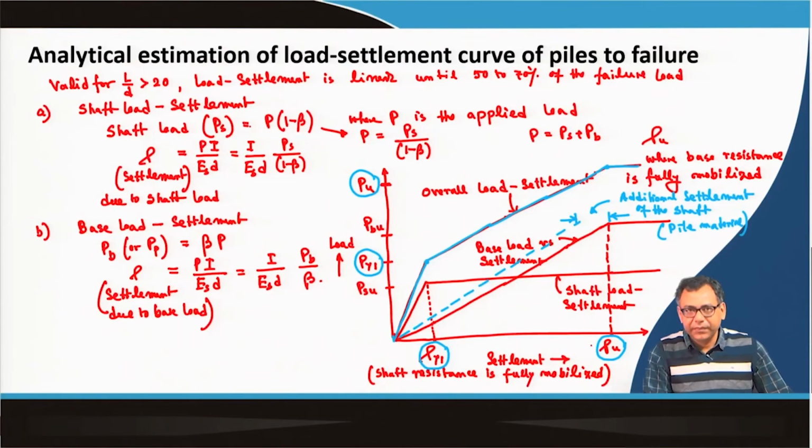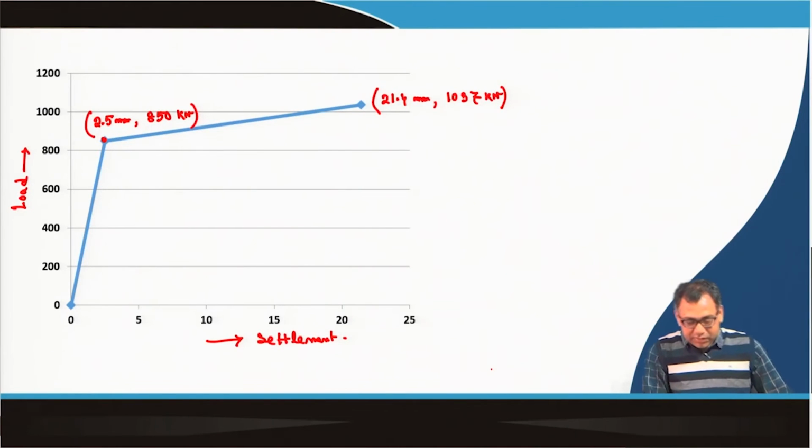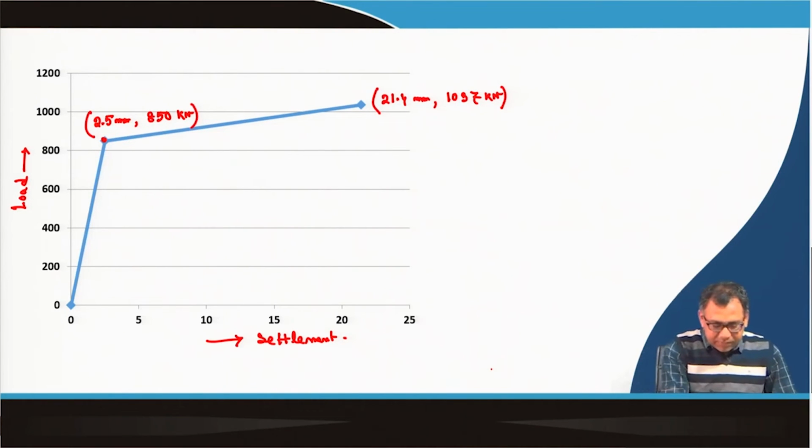So, when the friction resistance is fully mobilized, that time also this will be 2.5, but the value is 825. Okay. So, this is 850, this will be the value around something like this.